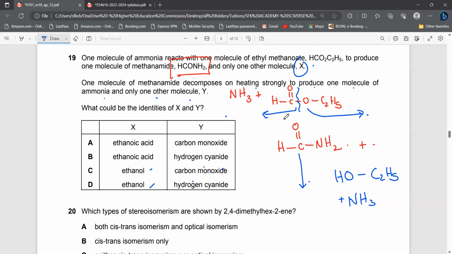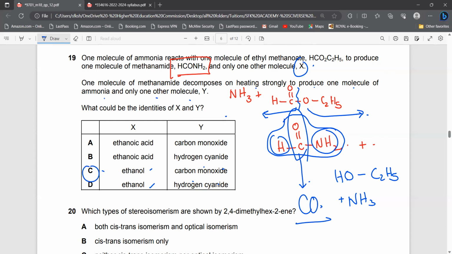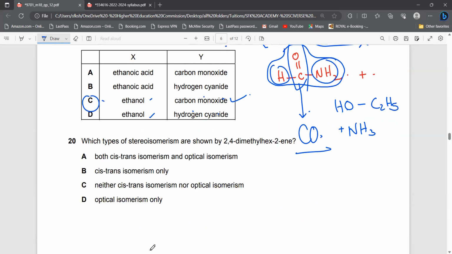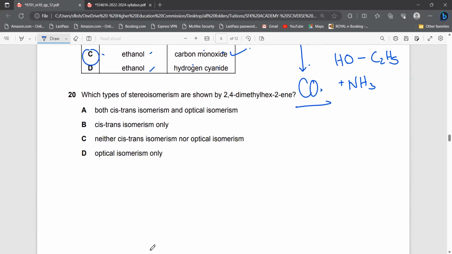Just by looking at the formula, we can actually guess an identity for it. If NH2 and hydrogen have gone to form ammonia, then CO is left and it might form carbon monoxide. So C seems to be a reasonable answer. And yep, C is the answer. Okay, that's how you are going to infer your answer from these structures. Although the structure is not a part of the syllabus, still you need to guess the answer out.